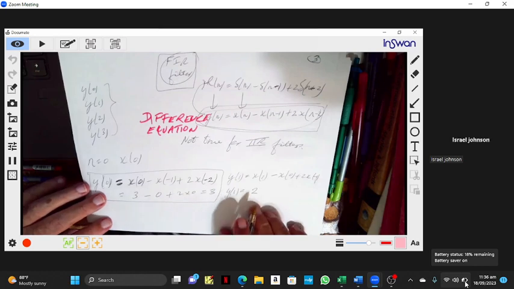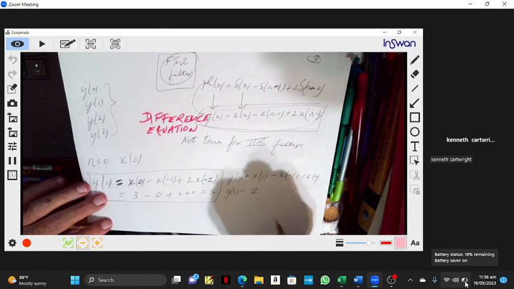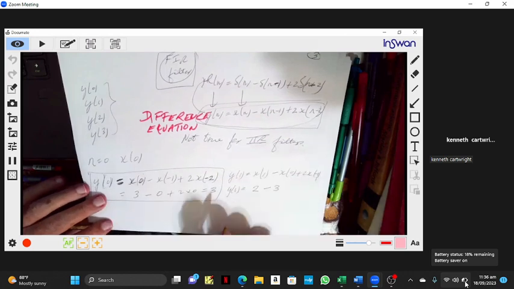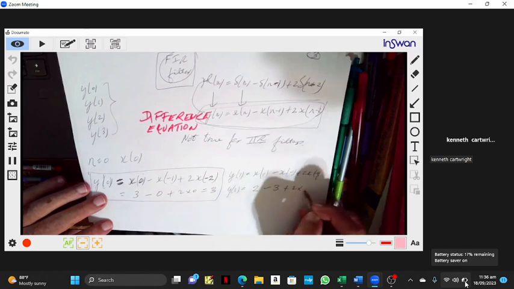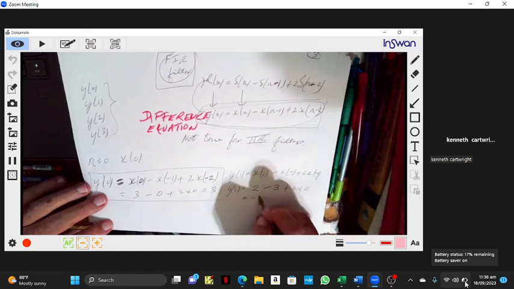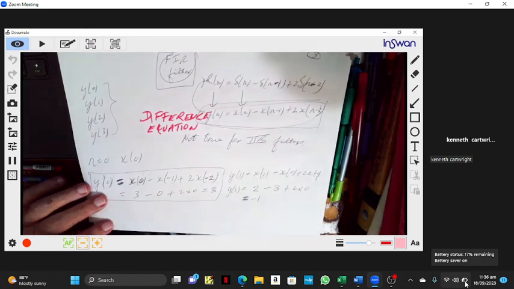Okay. X of 0 is 3. I think Mr. Buchamp had this. And then x of negative 1 is 0. So the answer is negative 1. So yes, Mr. Buchamp, you did have it.